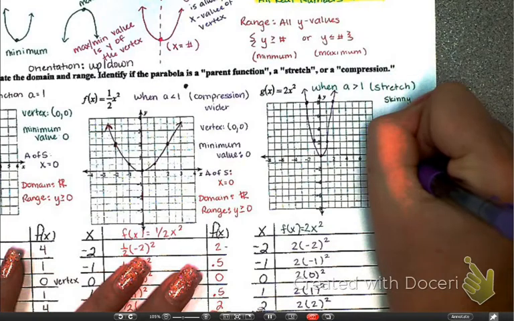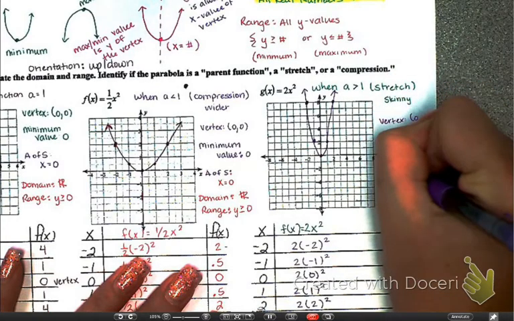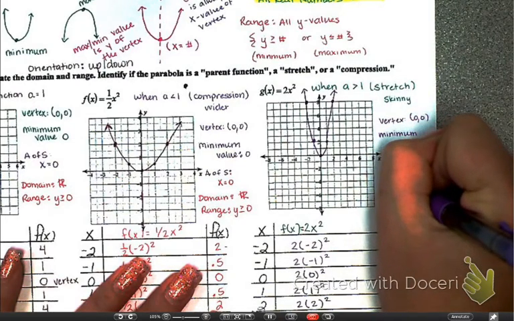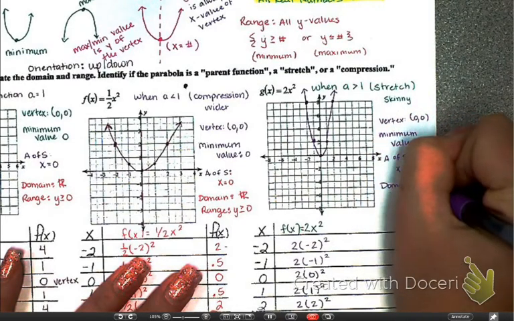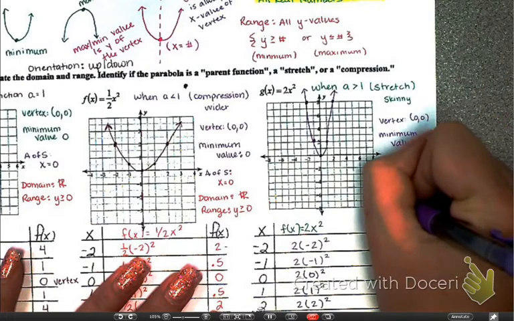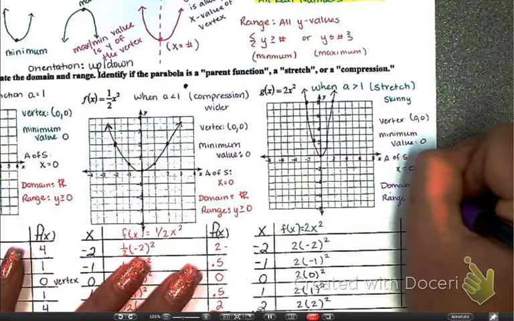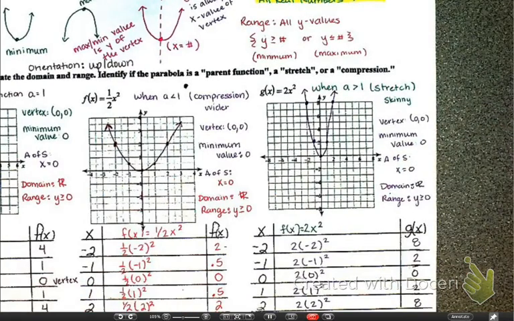Your axis of symmetry is x equals 0. Your domain is all real numbers. And your range is y is greater than or equal to 0. How'd you do? Perfection. Okay.